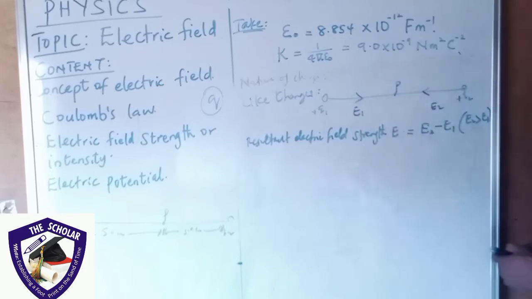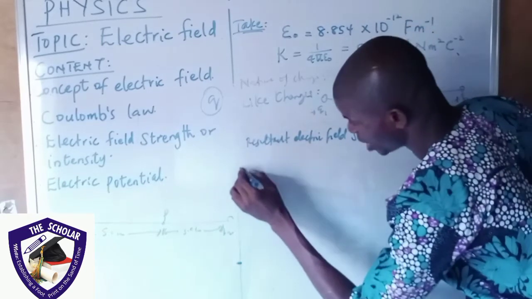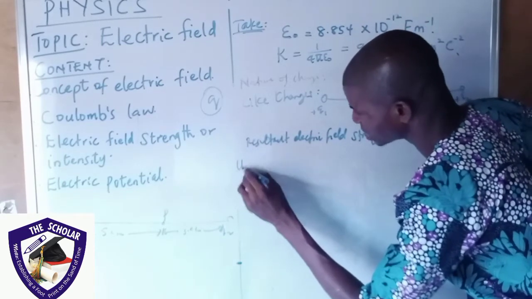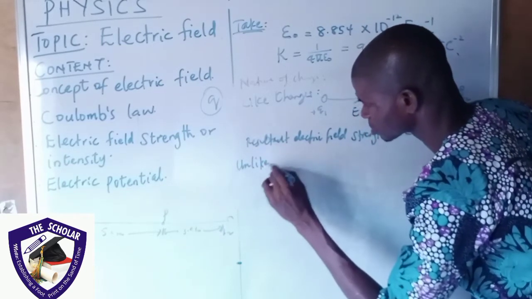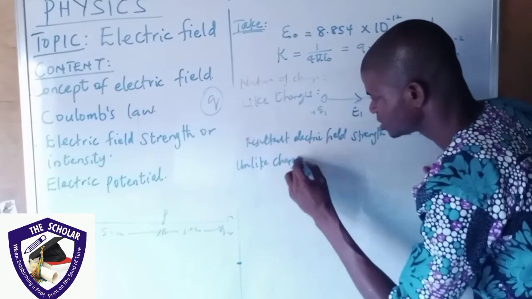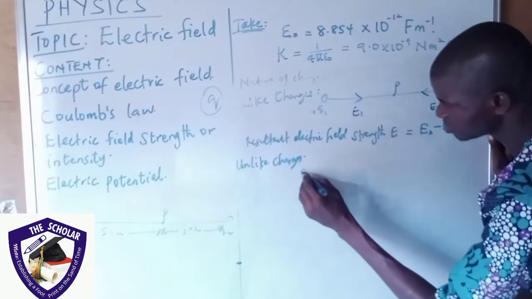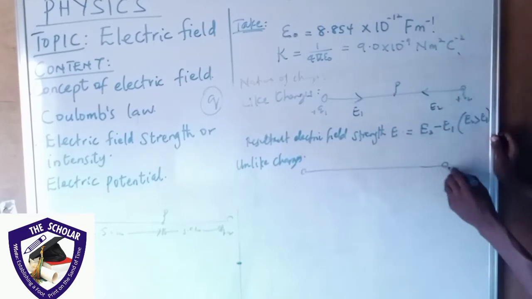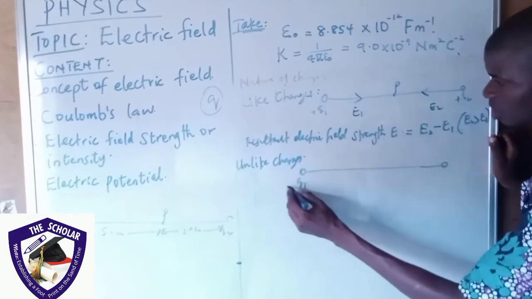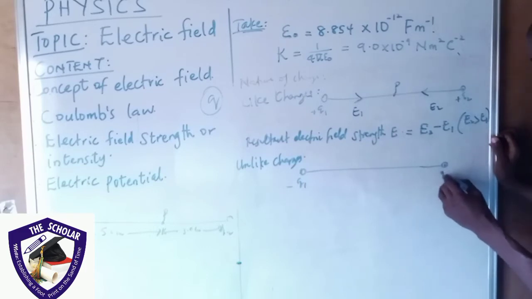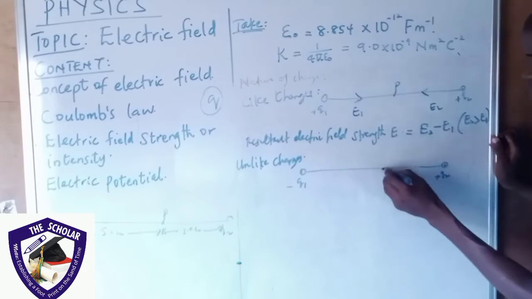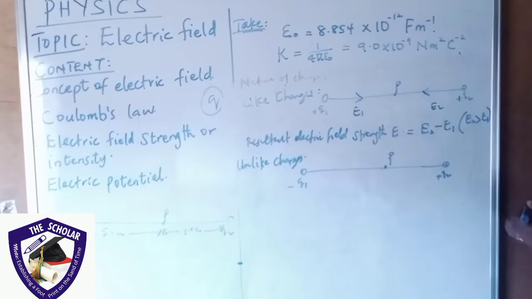Then in the second case, for unlike charges. Unlike means the charges that are opposite. So let's say we still have it this way. This is my Q1, negative, and this is my Q2, which is positive. And we have P in between them.